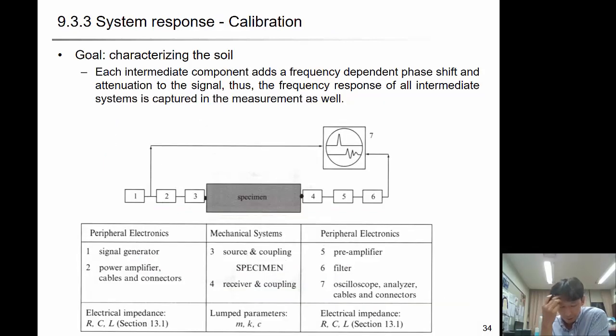And when we have the whole peripheral electronics around the specimen for signal generation and signal acquisition, these peripheral electronics add their frequency response to your measurement. Each intermediate component adds a frequency-dependent phase shift and attenuation to the signal, thus the frequency response of all intermediate systems is captured in the measurement as well.